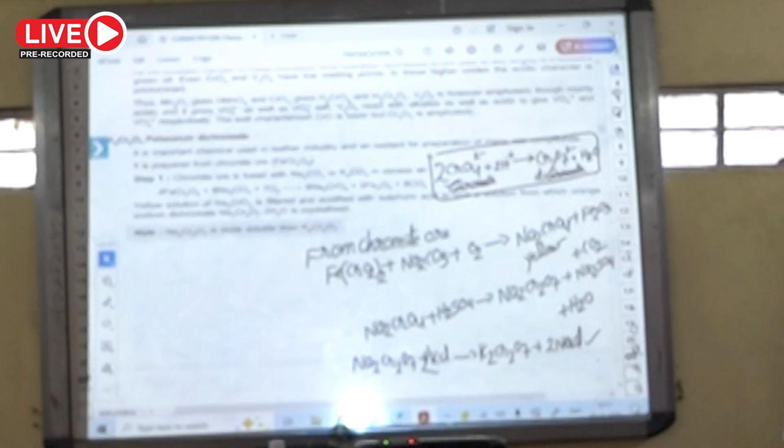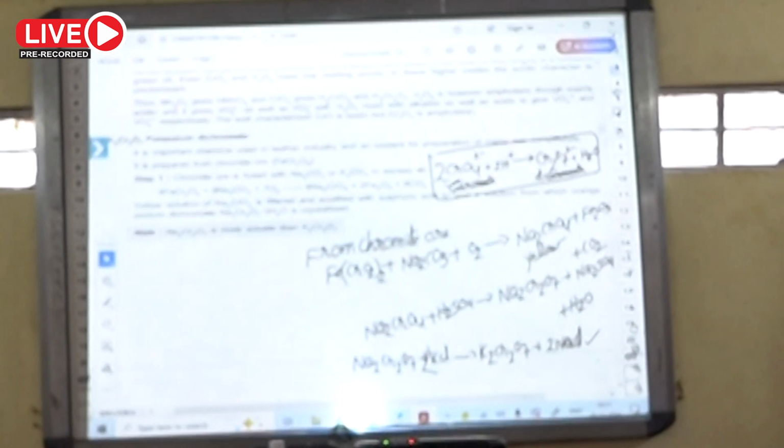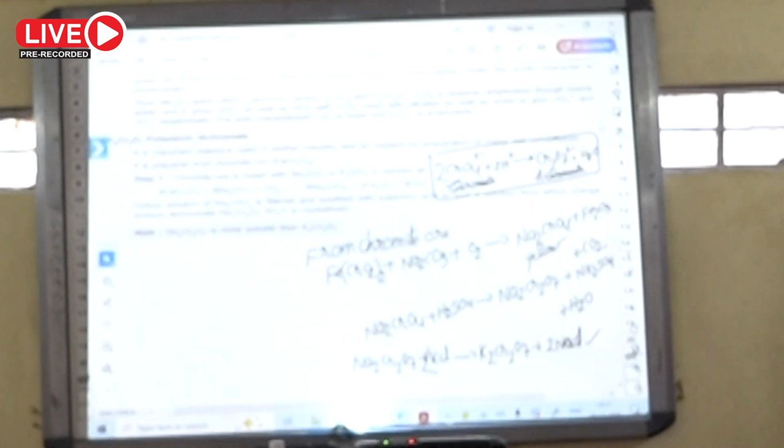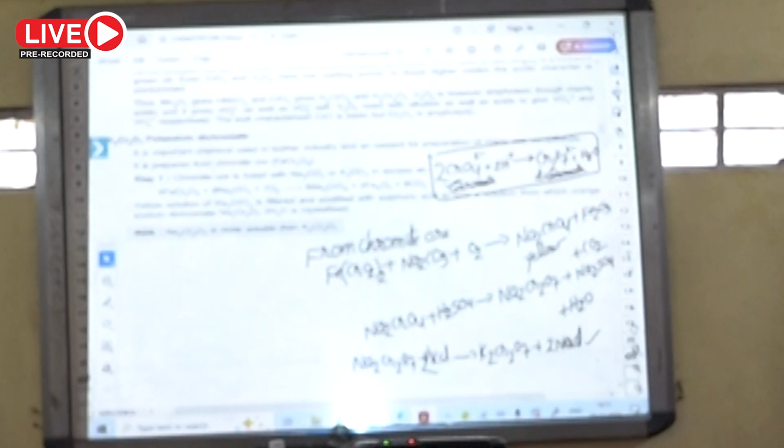Sodium dichromate to potassium dichromate. And here you have to mention this point: sodium dichromate is more soluble than potassium dichromate.